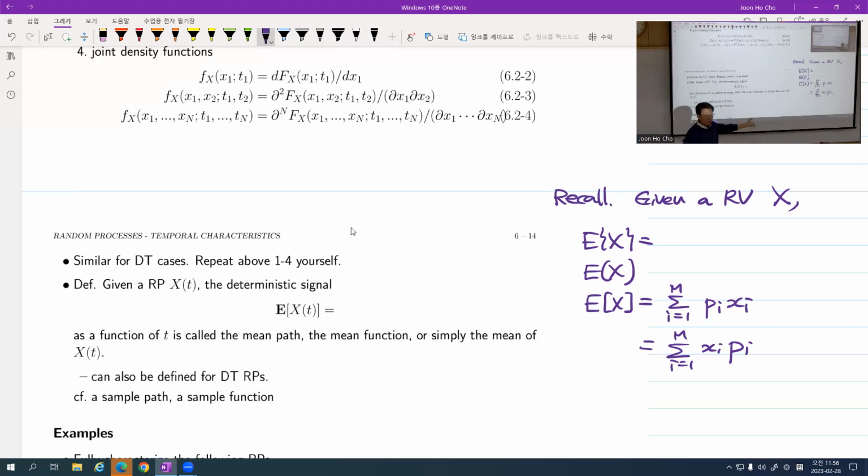By the way, why were we motivated to define this type of thing? Actually, it is motivated by the notion of center of mass in your physics, where we had, for example, in a one-dimensional line, capital M point masses located at x1, x2, x3, up to xM, and each point mass has mass m1, m2, up to m sub capital M. Then what is the center of mass?